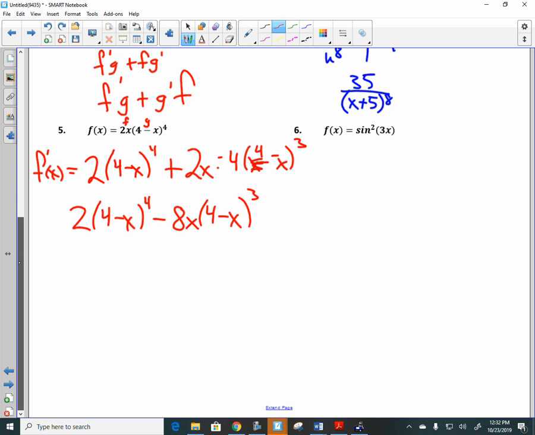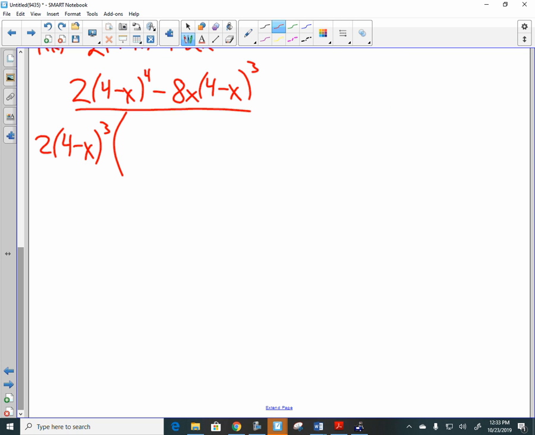What is the common factor I can remove from both of these? 2 times 4 minus x to the third. If I take out 2 times 4 minus x cubed, what is left there? 4 minus x, minus what's left here? 4x.